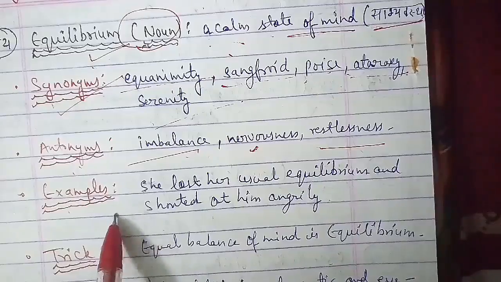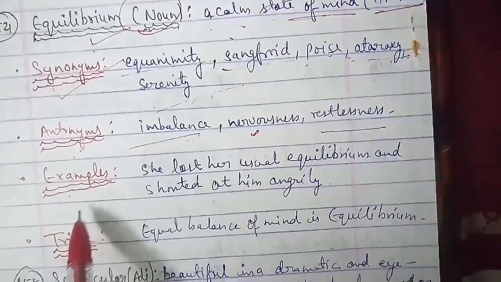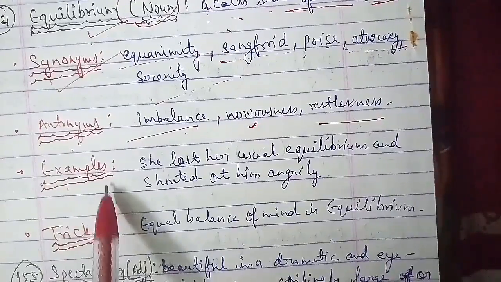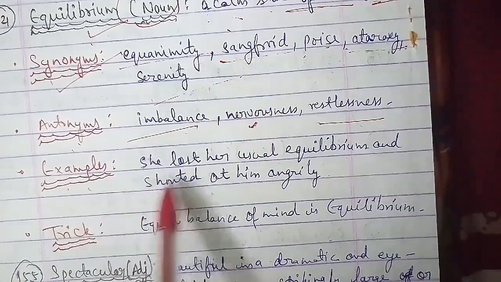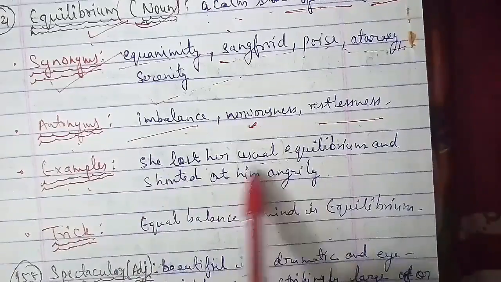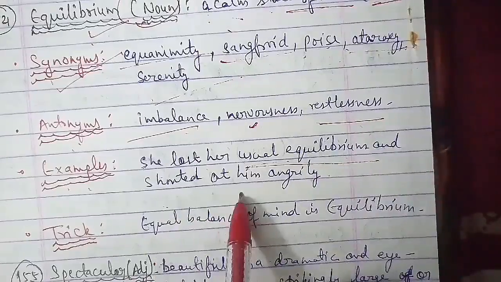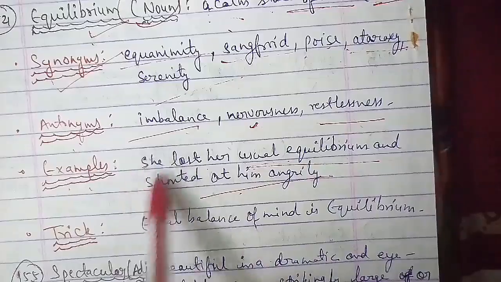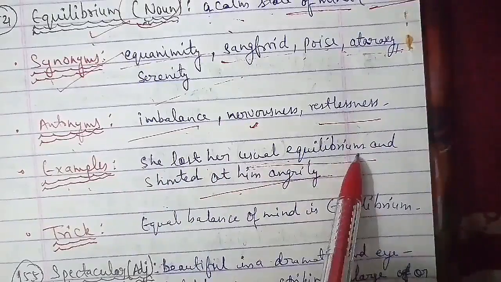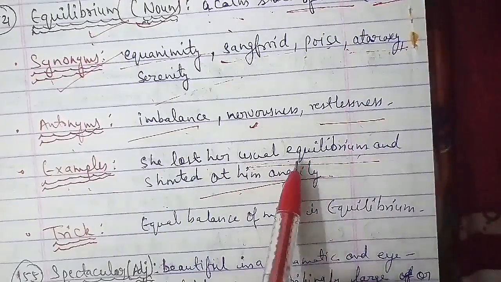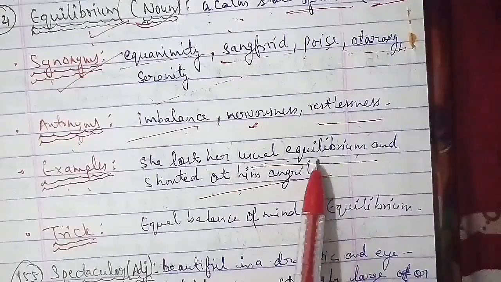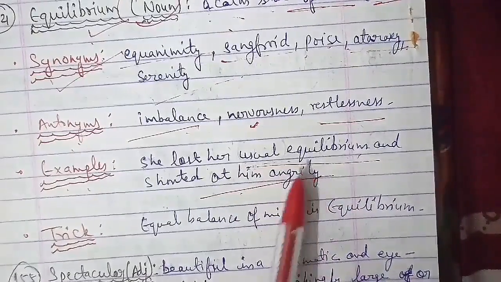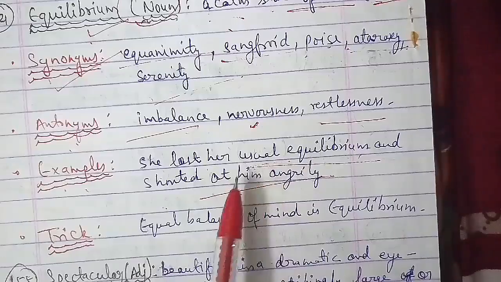You can use equilibrium in the sentence: She lost her usual equilibrium and shouted at him angrily. Basically, a girl who is usually in a calm state of mind lost her usual equilibrium and shouted at him angrily.